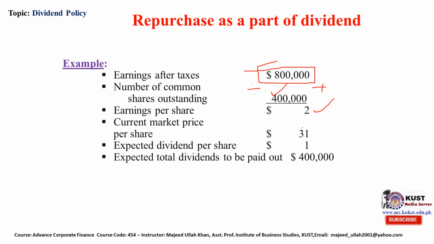Let's suppose the current market price per share is $31. Expected dividend per share is $1 per share. So how much will the total expected dividend be? Total 400,000, because the company has 400,000 shares outstanding, so they will declare that much dividend. Now suppose the company does not declare a dividend and instead wants to repurchase its shares of that amount.